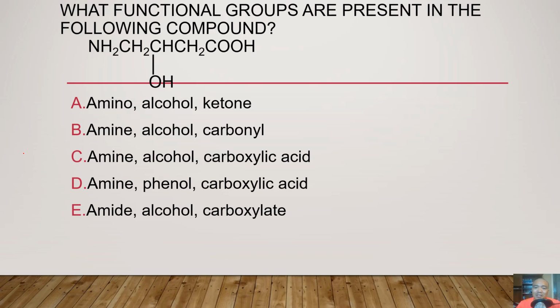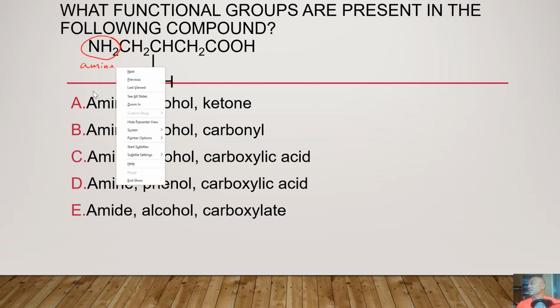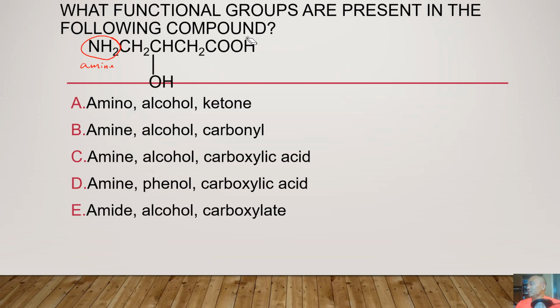What functional groups are present in the following compound? So NH2, that's an amine. COOH, it's written as COOH, folks. Remember, COOH is the same as a CO double bond connected with OH, and the other end is connected to something else, right?